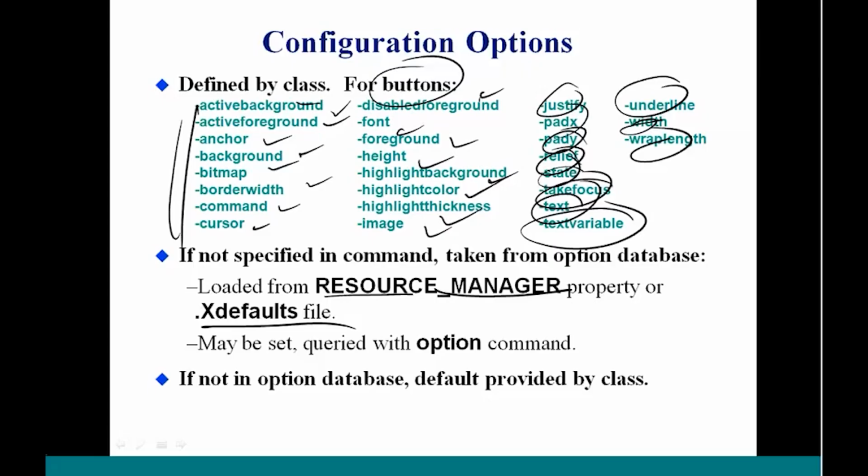And you can also use the set command to set an option, and then we can query these options with the option command itself. If it is not in the option database, the default is provided by its class.